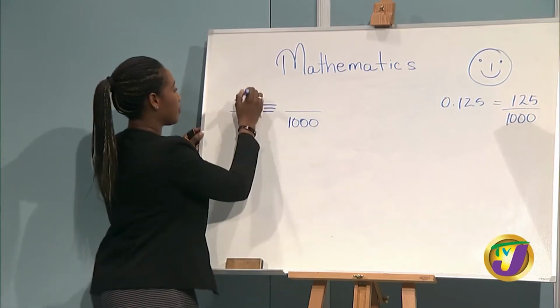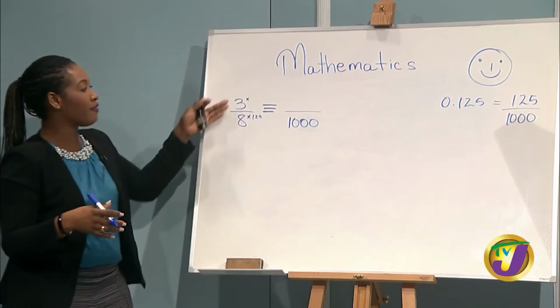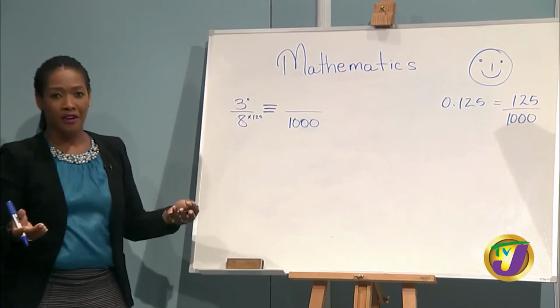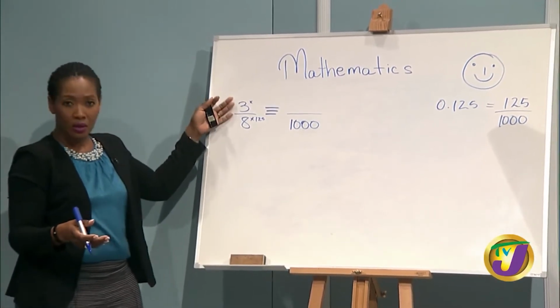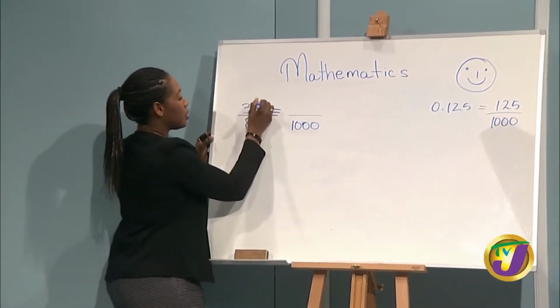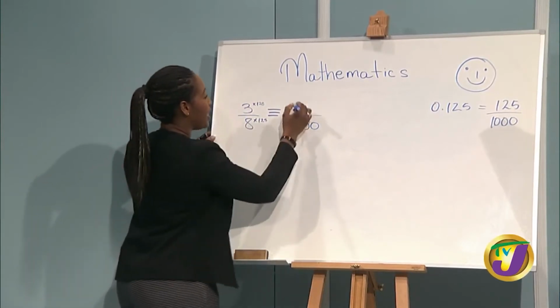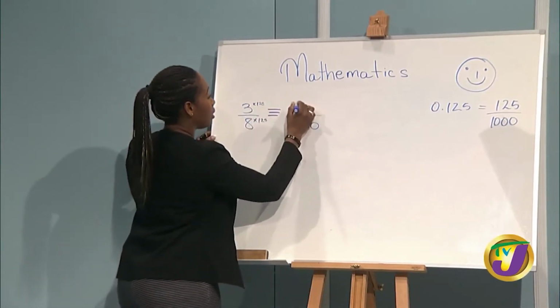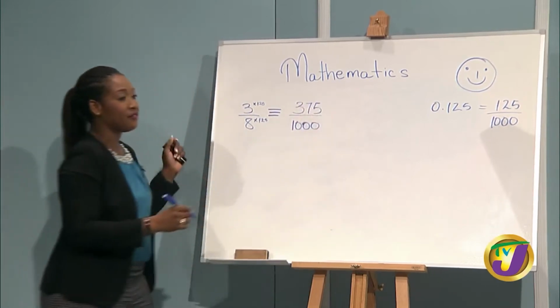So that means I would have to multiply 8 by 125 to make it 1,000. Now remember, if you are finding the equivalent of any fraction, you must do the same thing that you would have done to the denominator, also to the numerator. So let us multiply the 3 by 125. 3 by 125 gives us 375.